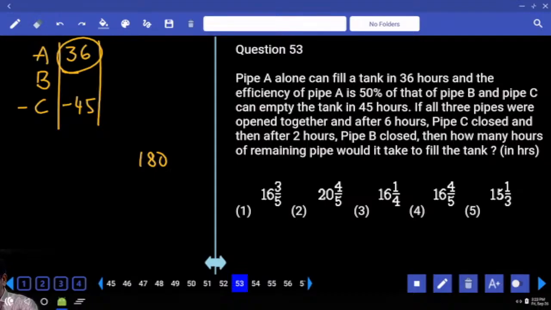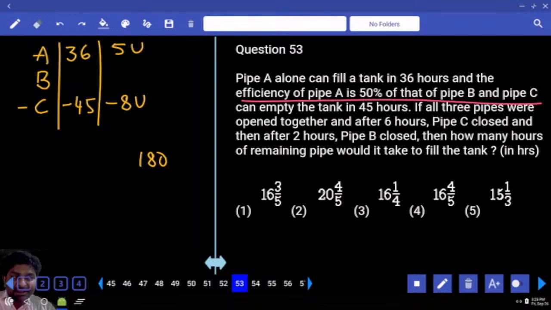That's how LCM is 180. A does 5 units. C does 4 units negative per hour. Are you okay? According to this information, look here. Efficiency of A is 50% that of B. Then B efficiency will be double the A efficiency, which is 10.